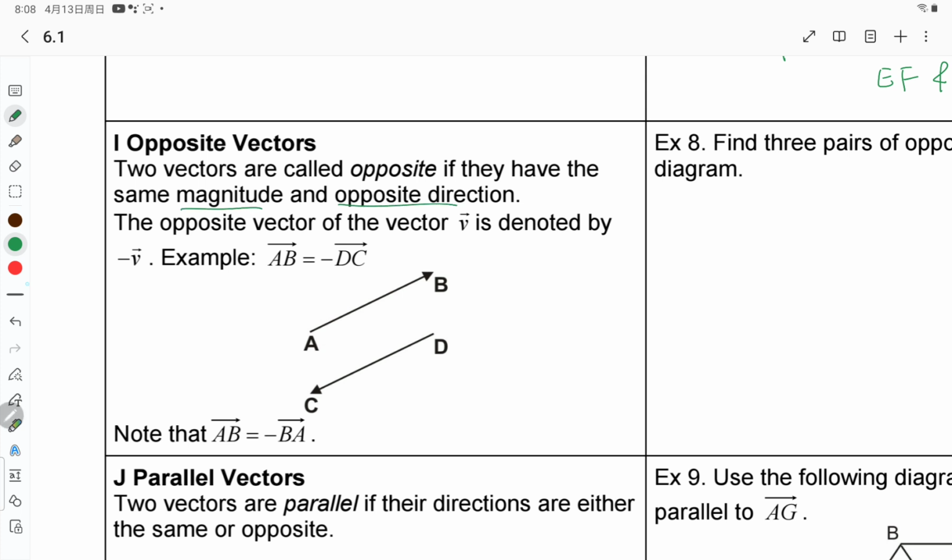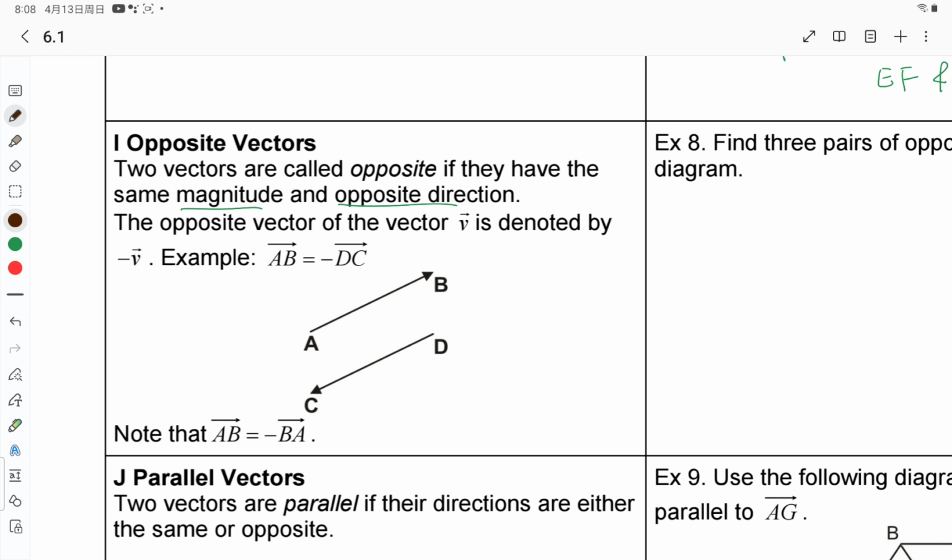And as you see, this is quite important. If two vectors are parallel, how do you write mathematically that they are of the opposite direction?